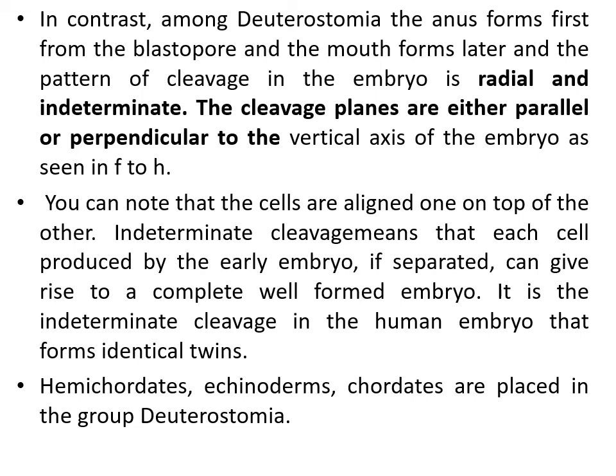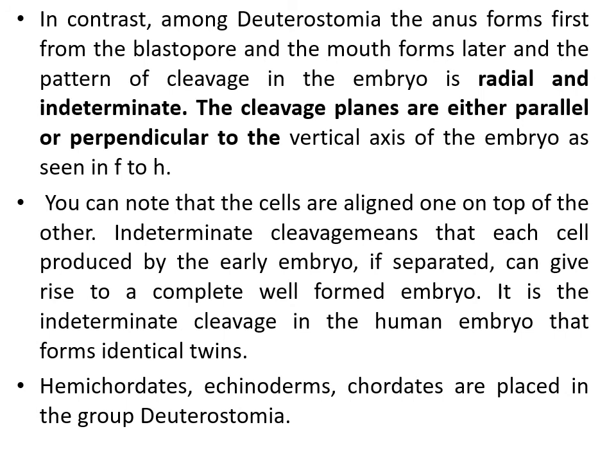Among deuterostomia, the anus forms where you have the blastopore, and at the opposite end the mouth forms later. It's a radial and indeterminate type of cleavage, where even if some portion is lost, the others compensate for this loss.